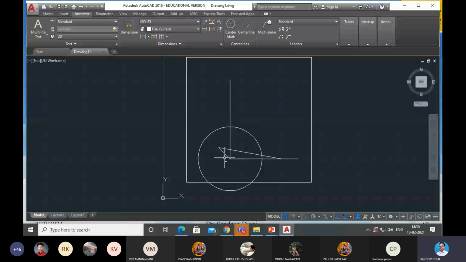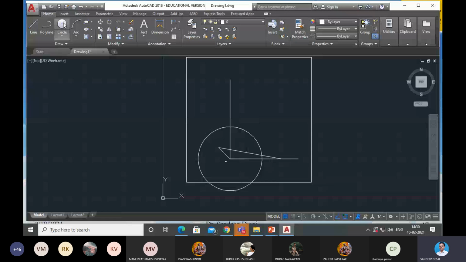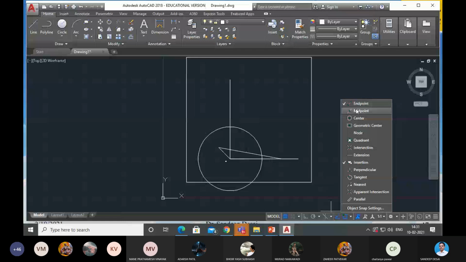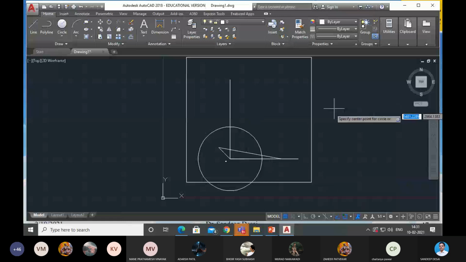Yes, sir. 102 means 1020. So from point A, draw a circle of 1020.